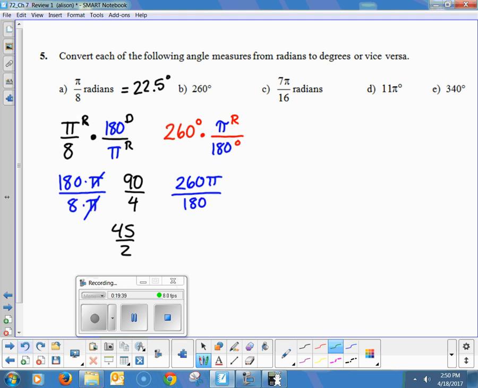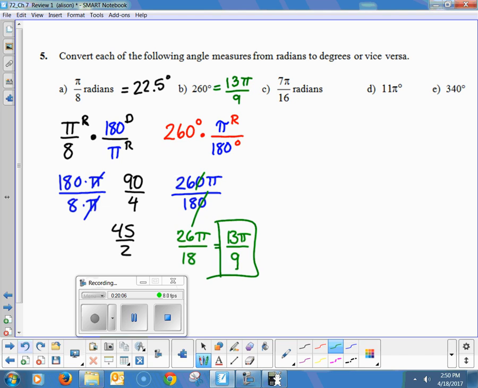And we could divide the top and bottom by 10 and get 26 pi over 18. We could divide top and bottom by 2 and get 13 pi over 9, and I don't think it's going to clean up at all, so I'm just going to leave it as 13/9 pi.